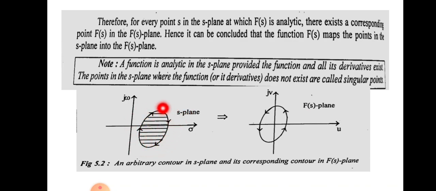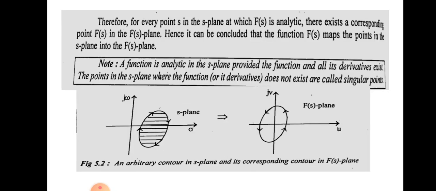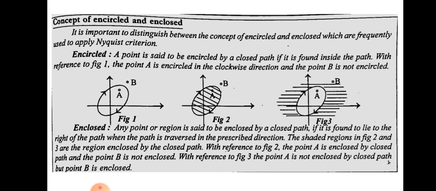So this is an arbitrary contour in the s plane and its corresponding contour in the F(s) plane is like this. See, there will be some arrow mark. And next, there is a concept of encircled and enclosed, and we will see what is encircled and enclosed. You can see different figures, figure 1, figure 2 and figure 3.